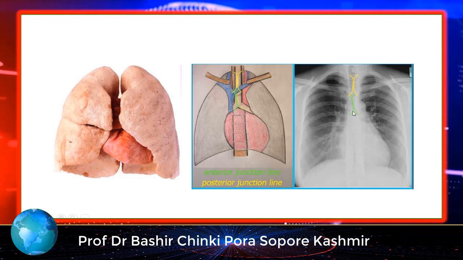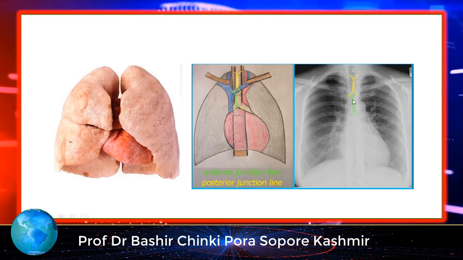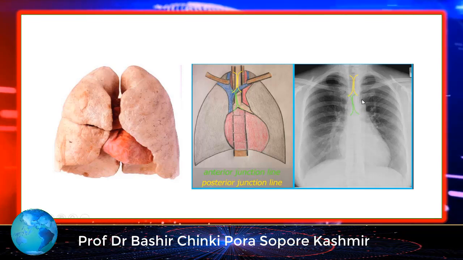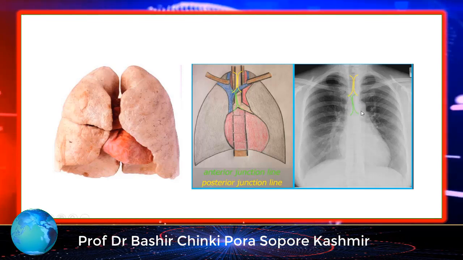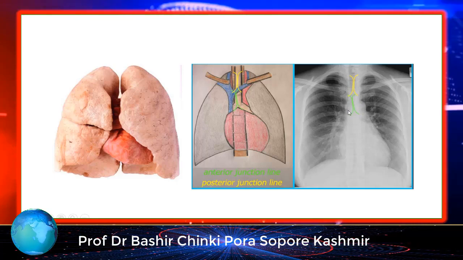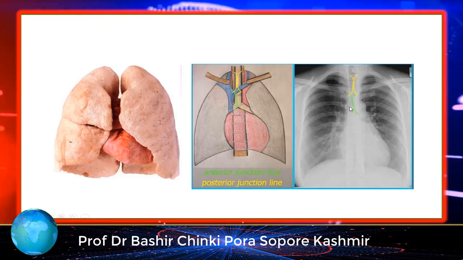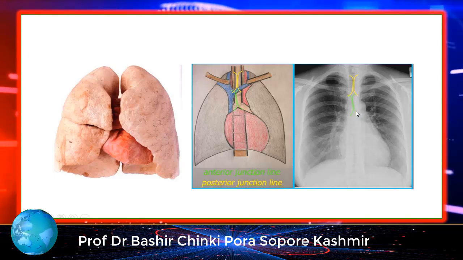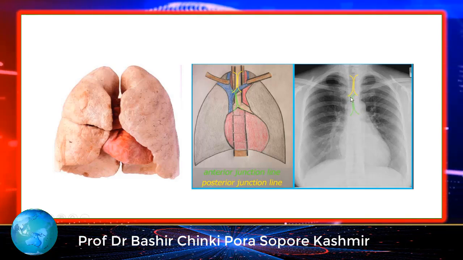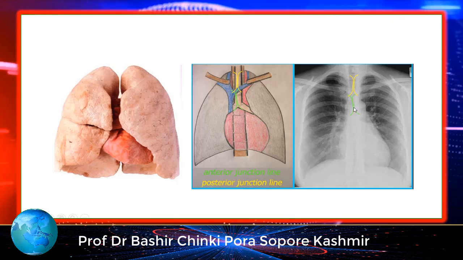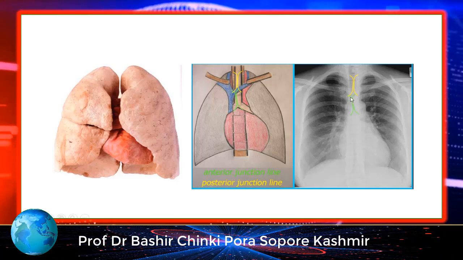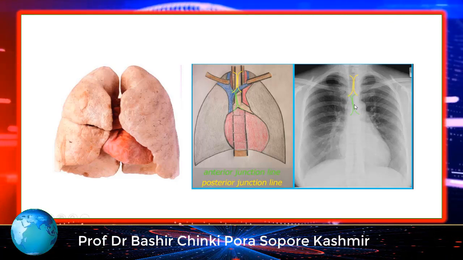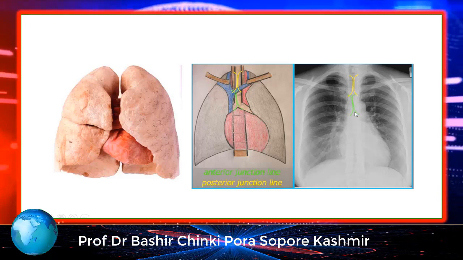On the X-ray it is here, where the upper lobes of the two lungs come closer to each other anteriorly, forming a vertical line.